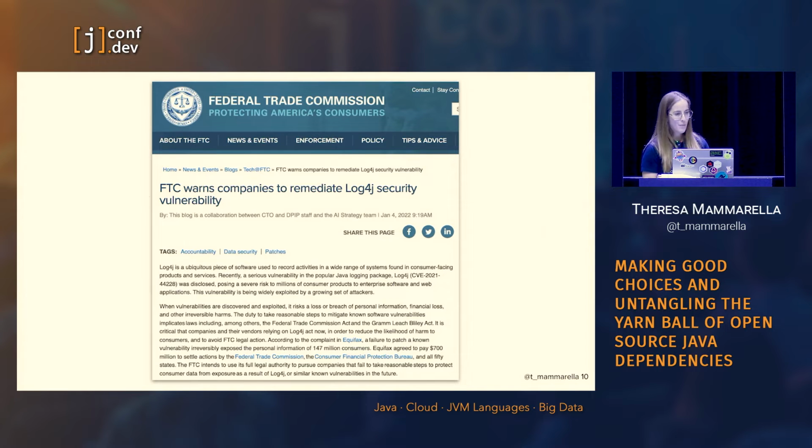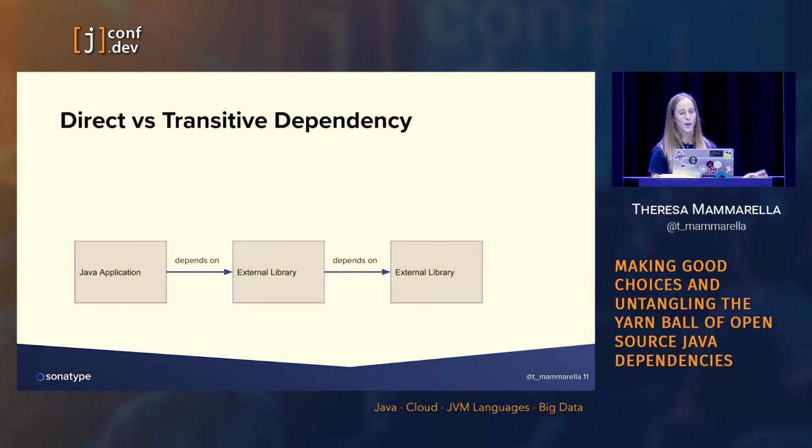Well, what really happened here was transitive dependencies. And I'm going to talk about this term a lot, so just to make sure we're on the same page, when I talk about that, a direct dependency to a Java application is something that's declared in your POM file, something you're intending to use, that you know without a doubt and pretty easily is there.